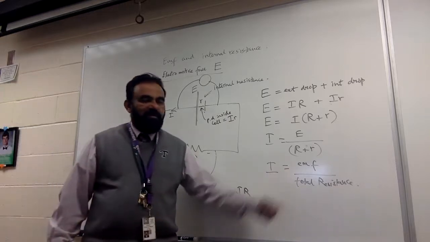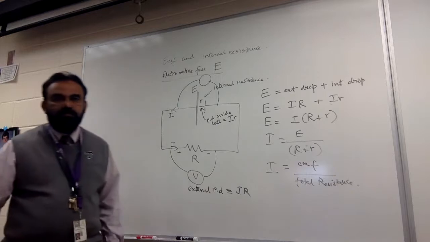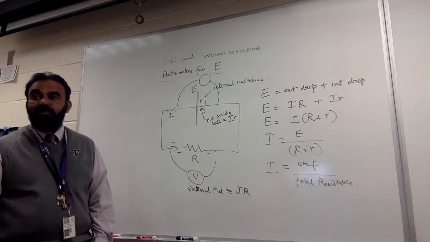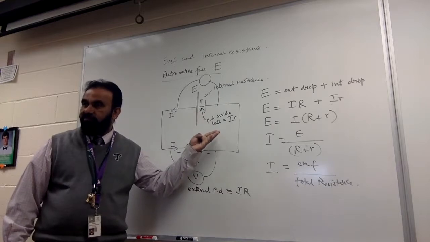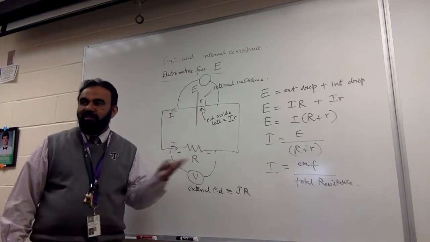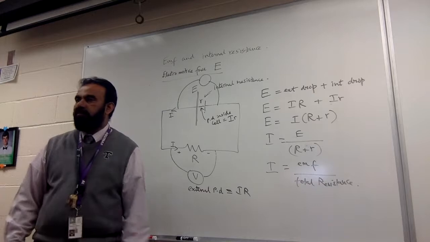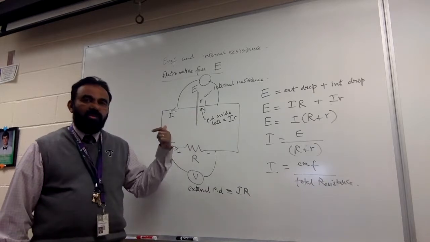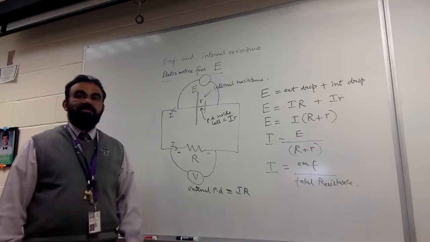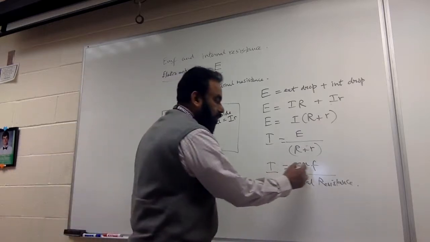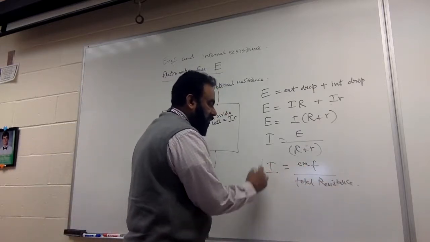And this is the EMF. You can also call it total EMF, because probably there's not one cell, maybe 3 cells. So if you have 3 cells in here, account for all the cells. So total EMF over total resistance gives you the current.